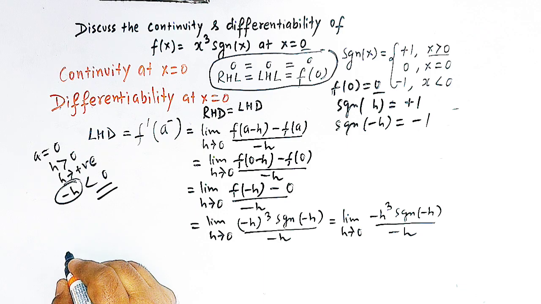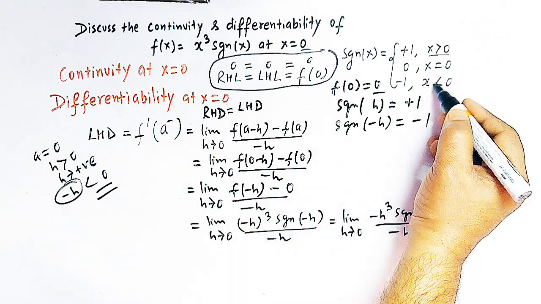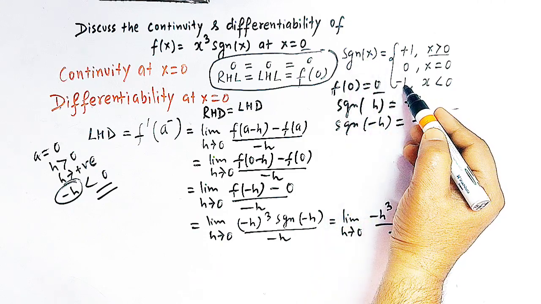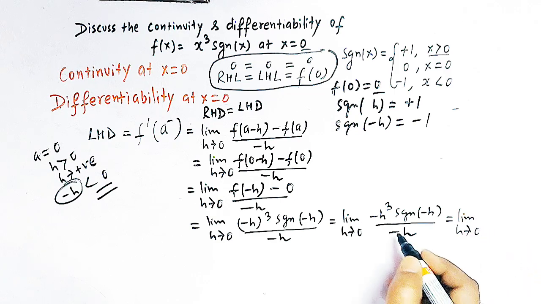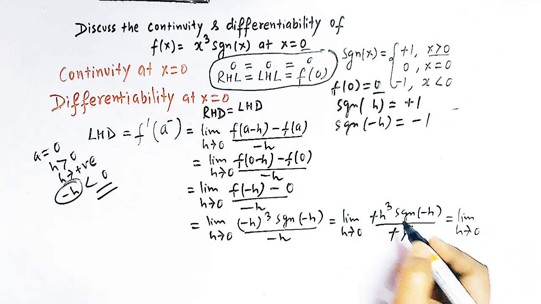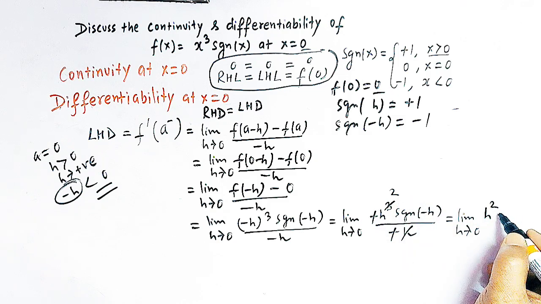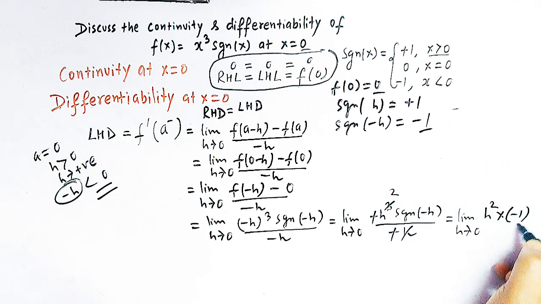So this is a negative quantity, and whenever x is less than 0 or negative, signum of x takes the value minus 1. So now we have limit h tends to 0, and here minus and minus get cancelled, and we have h square, and signum of minus h is equal to minus 1.